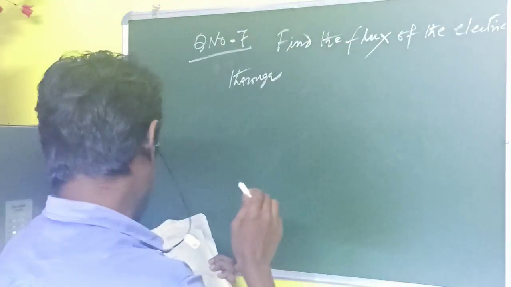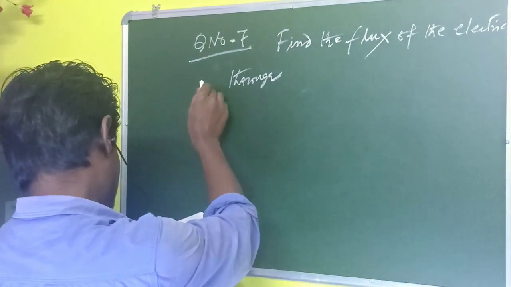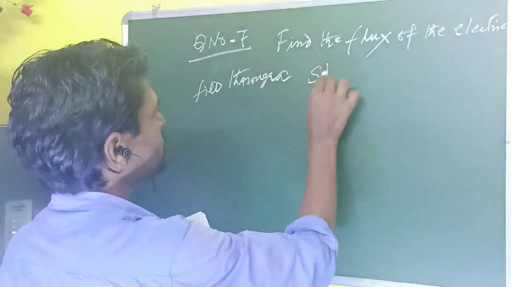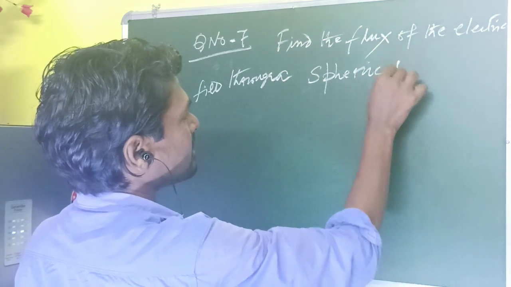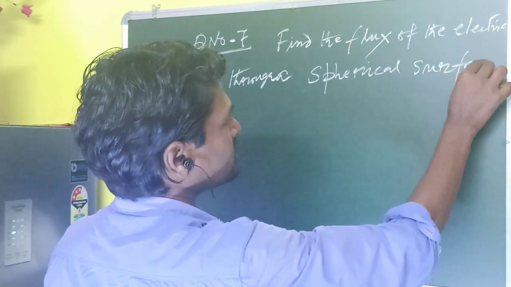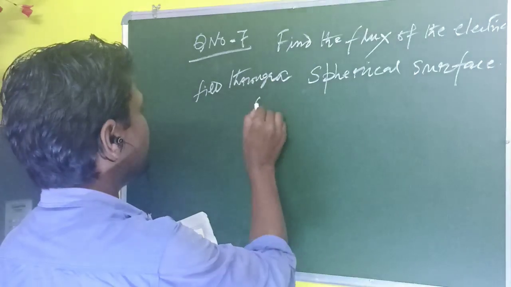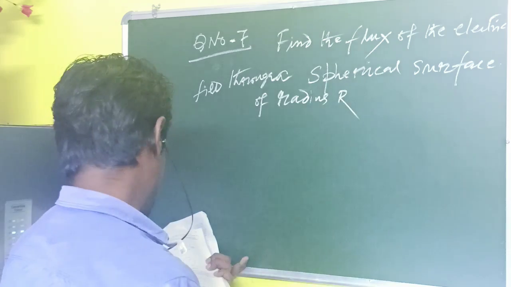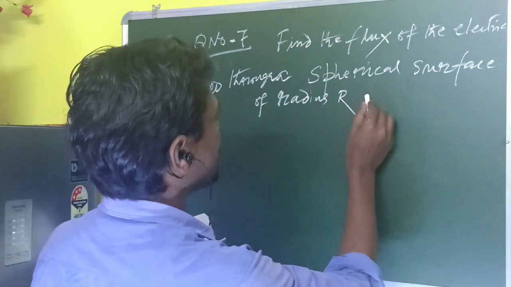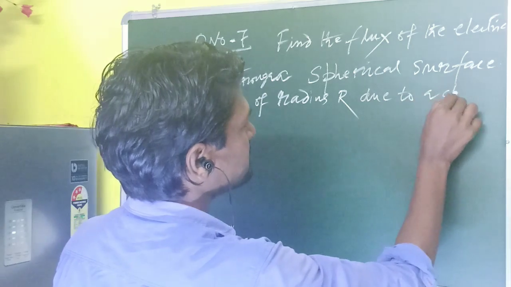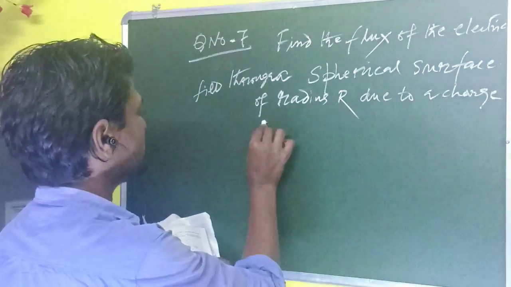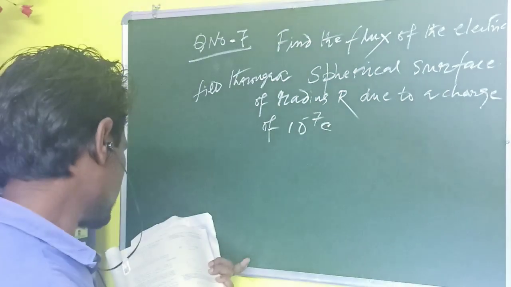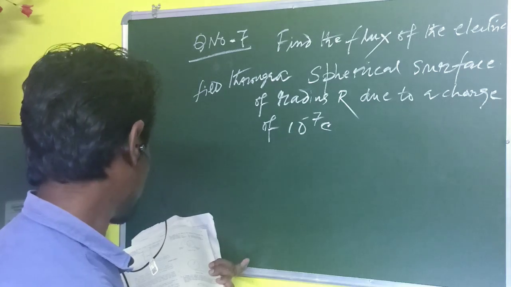Find the flux of the electric field through a spherical surface of radius capital R, due to a charge of 10 to the power minus 7 coulomb at the center, and another equal charge at a point 2 R away from the center.